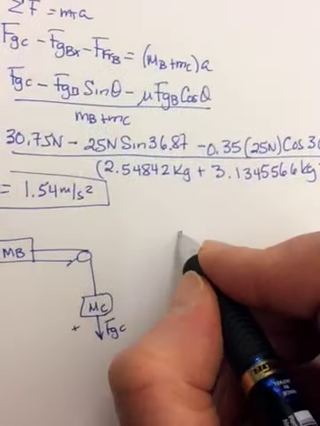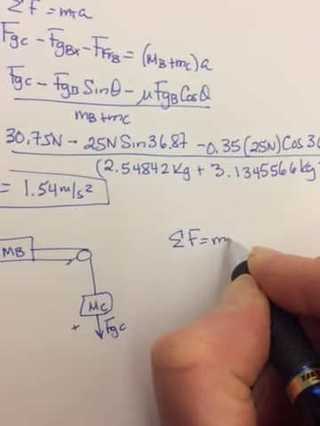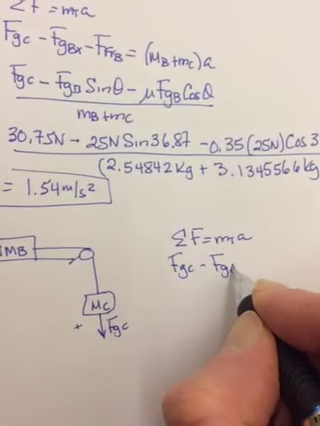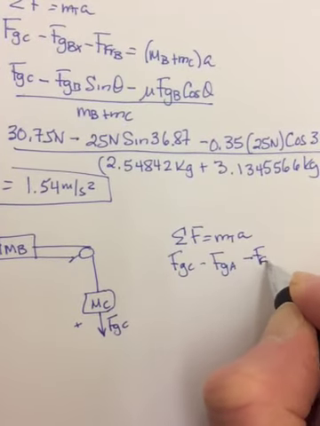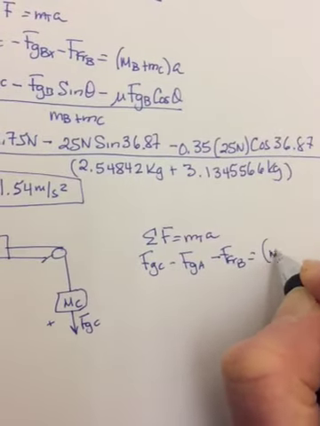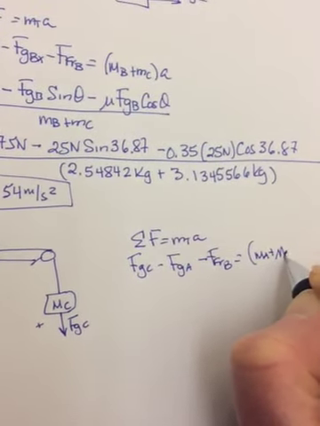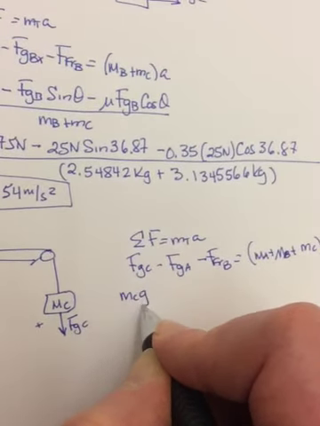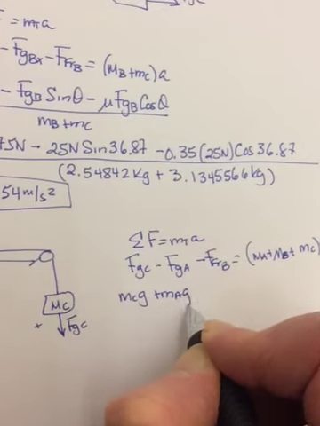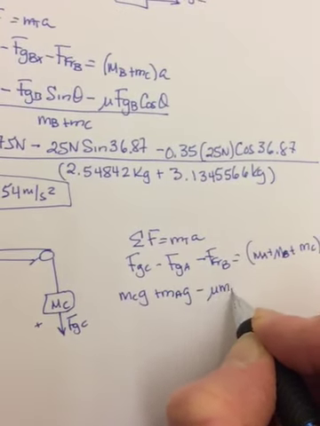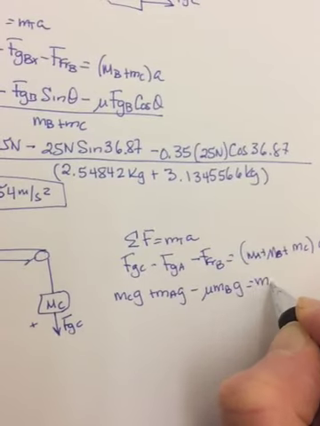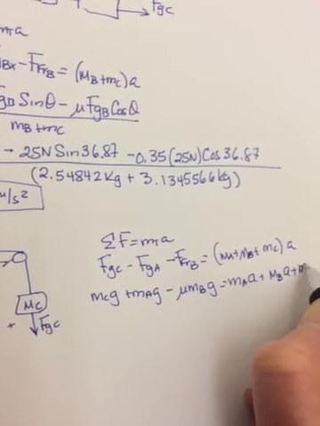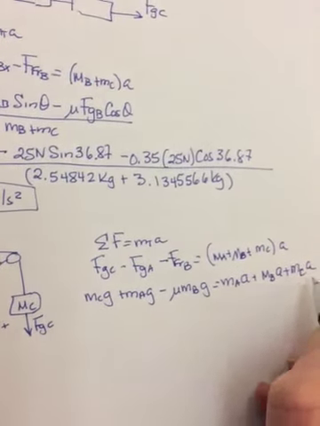Alright, so you're going to do sum of the forces is equal to M total A, so it'll be FGC minus FGA minus friction on B will equal MA plus MB plus MC times A. So MCG plus MAG minus mu MBG is equal to MAA plus MBA plus MCA.